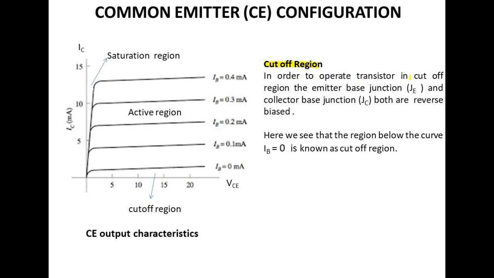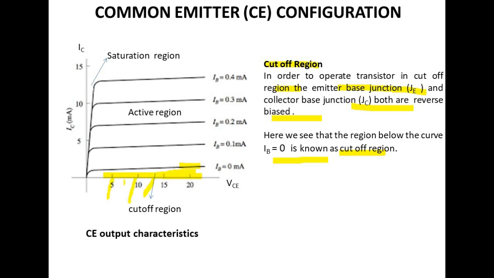In order to operate the transistor in cutoff region, the emitter base junction JE and collector base junction JC both should be reverse biased. Here we see that the region below the curve IB equal to 0 is known as the cutoff region.